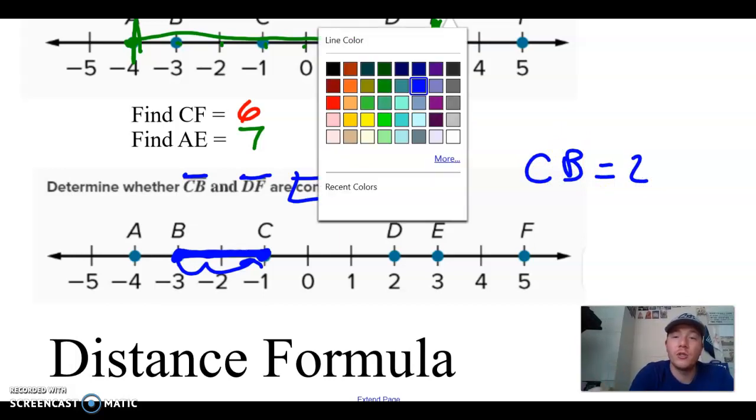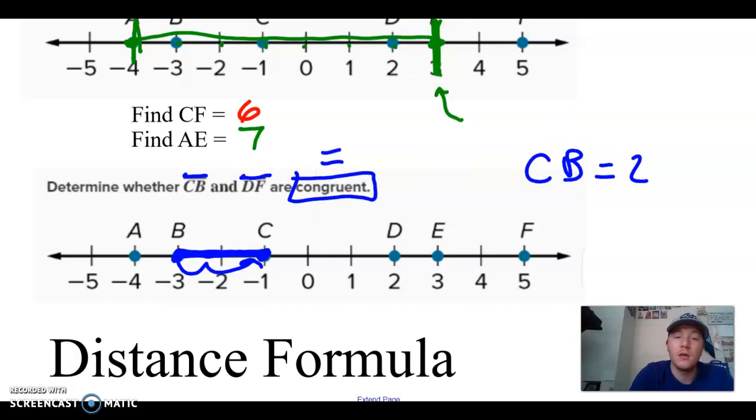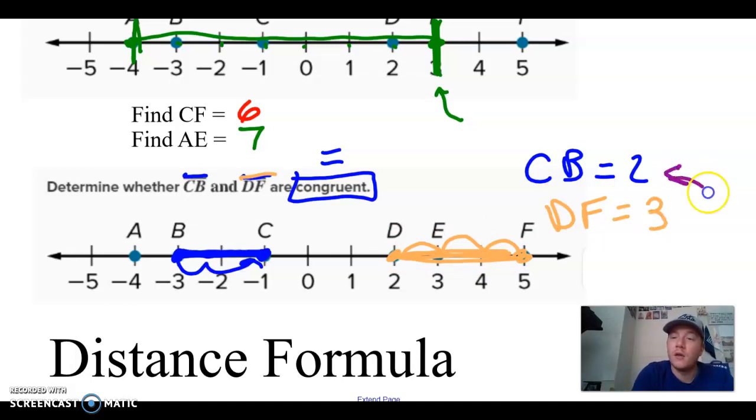And then when we go to look at DF, we can count that one. That's going to have a distance of 1, 2, 3. So that DF has a distance of 3. And I don't doubt that everybody watching this right now can easily tell me those 2 are not the same.